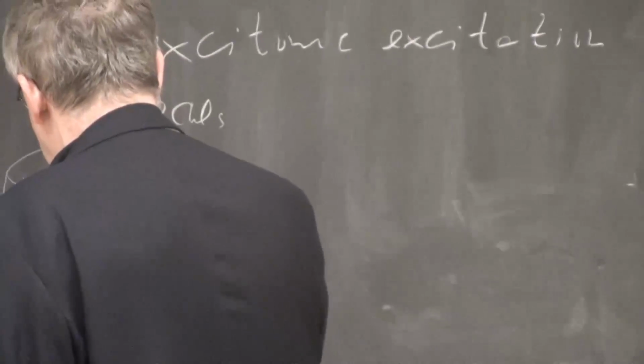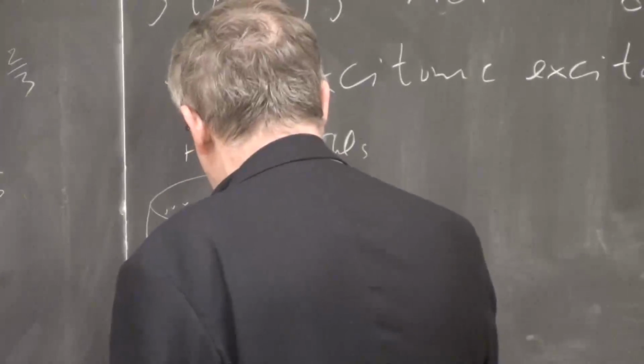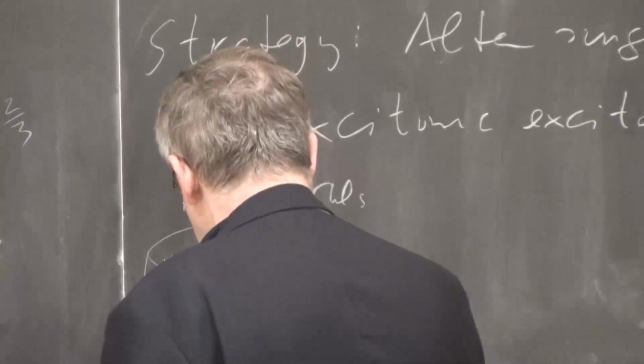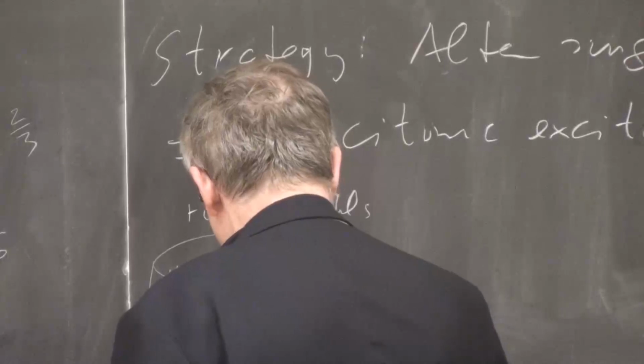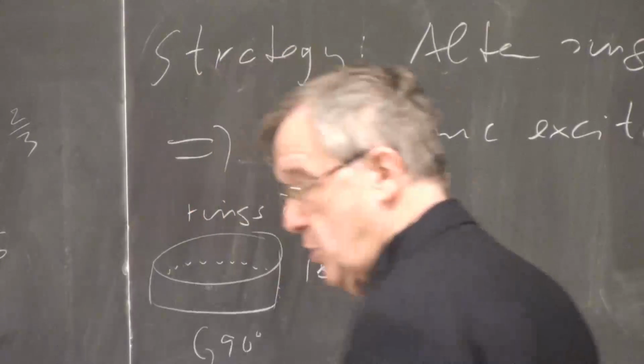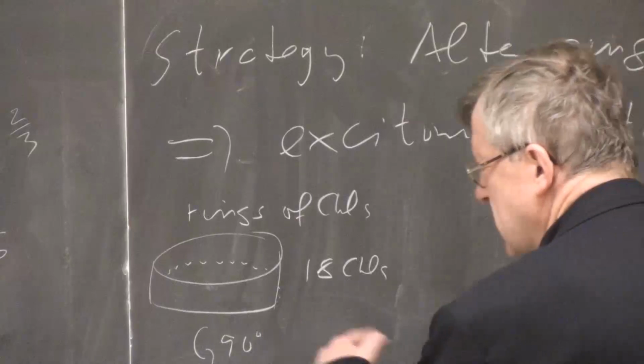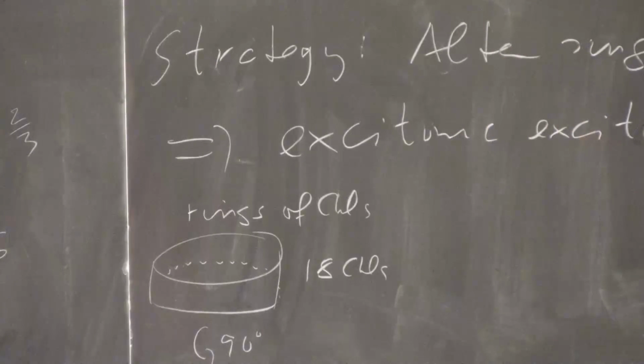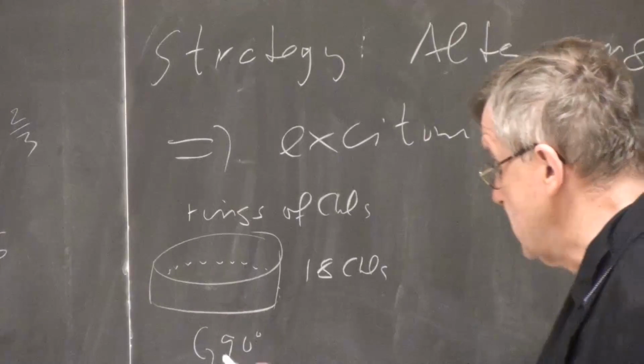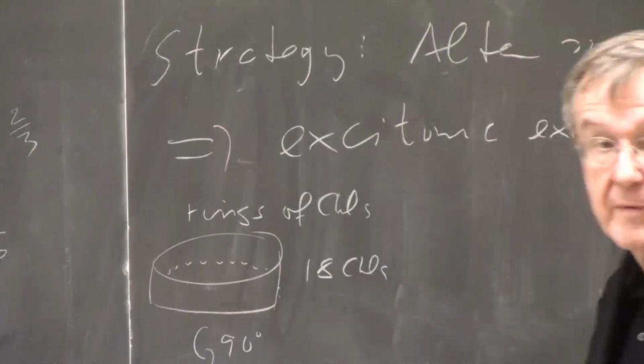And I will tell you a little bit more about it. So we have here 2n chlorophylls, and 2n is equal to 18 in the case I showed you, but we want to keep it sort of general. So we have a ring of chlorophylls. And now you don't excite a single one, you spread the excitation around.